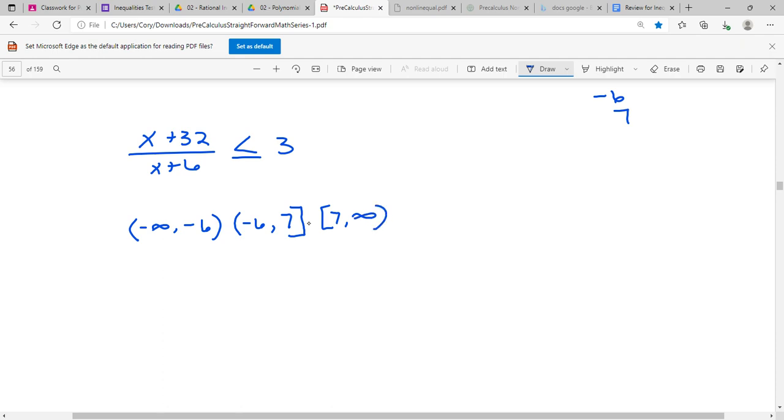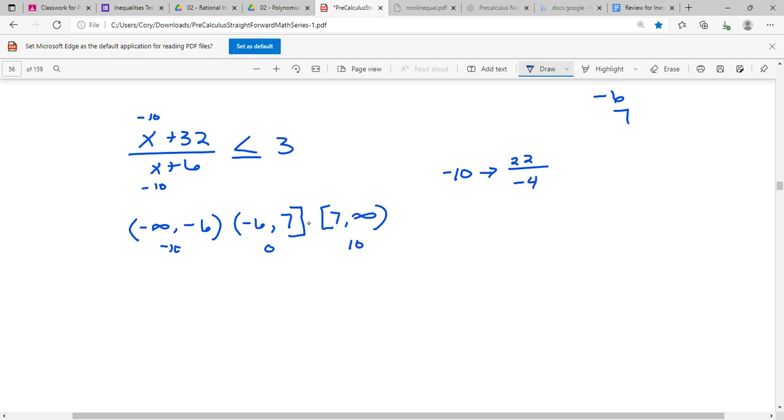Now I need to pick some numbers. I'm going to say negative 10 looks pretty easy. That'll be 0. Anything where you got a negative and a positive, I always use 0. It's the easiest. And then I'll use positive 10. If I plug negative 10 in there, I would end up with negative 10 plus 32, which is 22, over negative 10 plus 6, which would be negative 4.